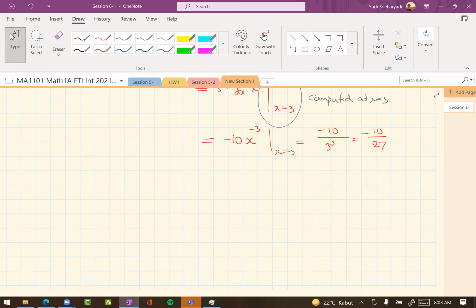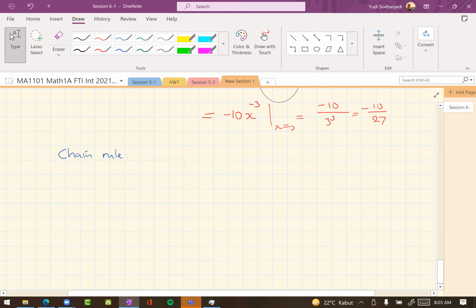All right, so let's do what you call the chain rule. It's called chain, well, for a reason that we will see. The thing is, if you have a composition, the composite functions, what's supposed to be the derivative?